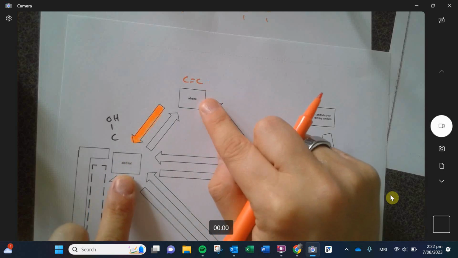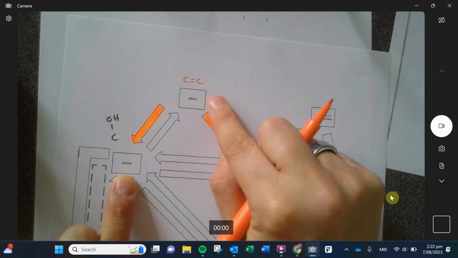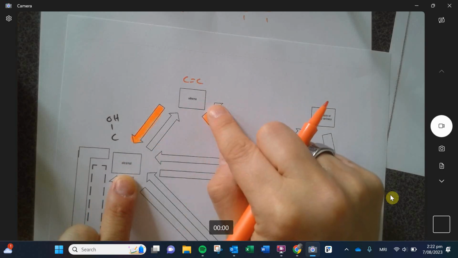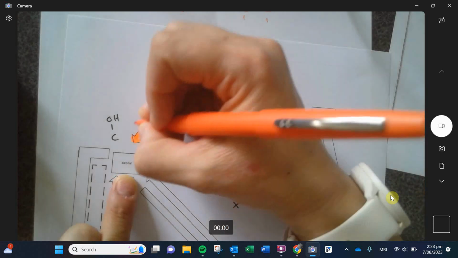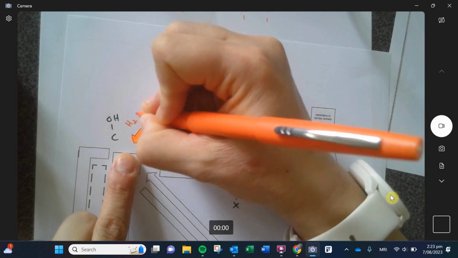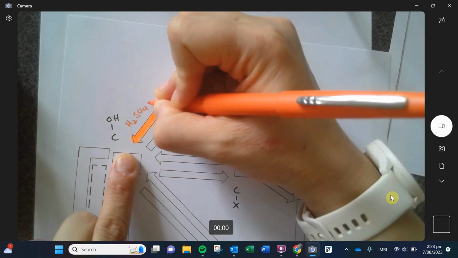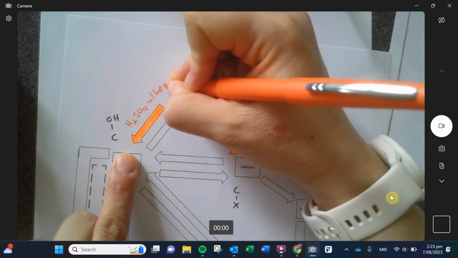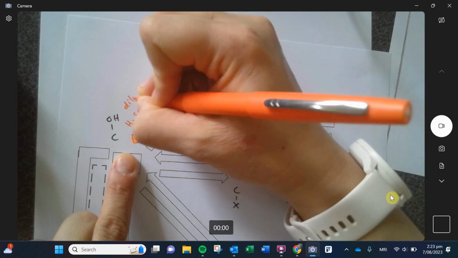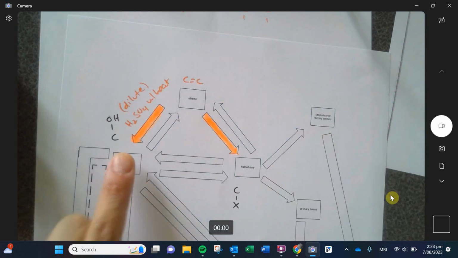So there are several different ways I could do this. When it comes from the alkene to the alcohol, what I would need is to heat it with dilute sulfuric acid. So I would go H2SO4 with heat. And this needs to be dilute. We don't need it to be very concentrated.